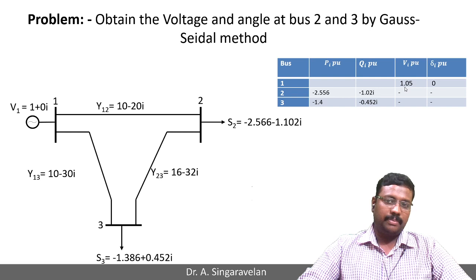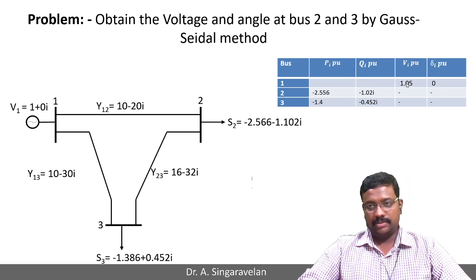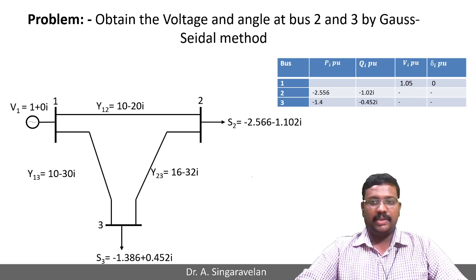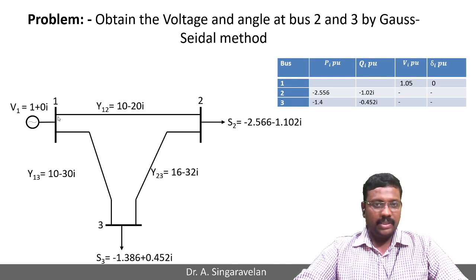Mostly for all slack buses, the voltage will be nearly 1 per unit and the angle will be 0. Using Gauss-Seidel, we can find the voltage at the different buses. So the question is very simple: we need to find the voltage at bus 2 and bus 3.